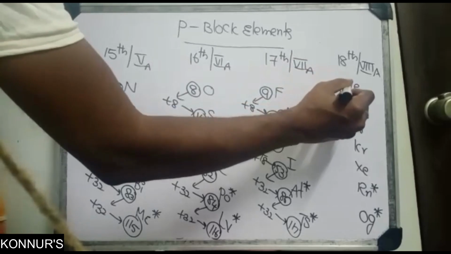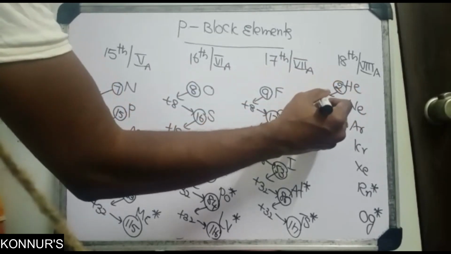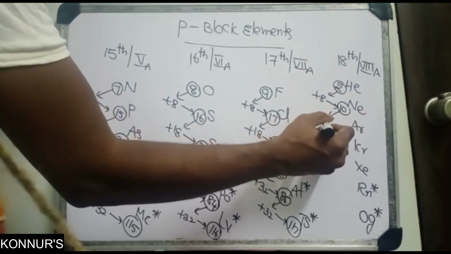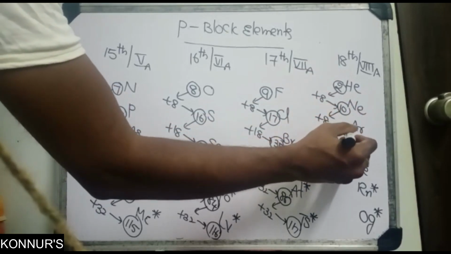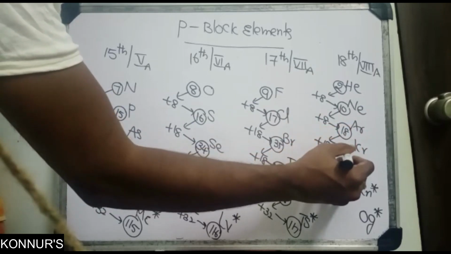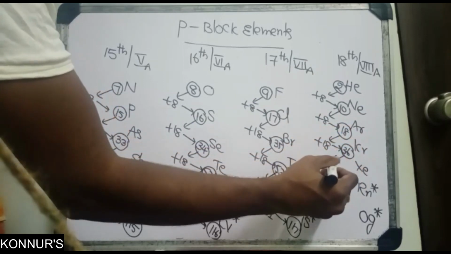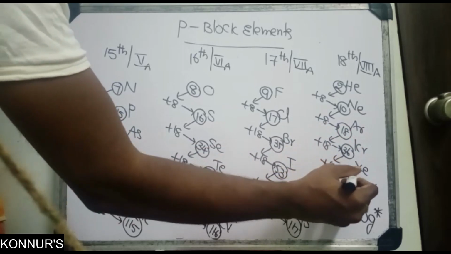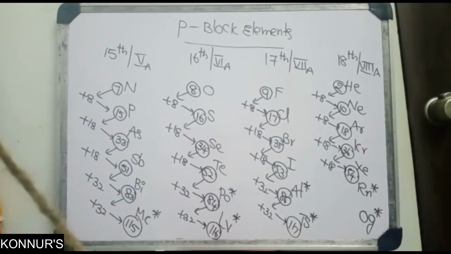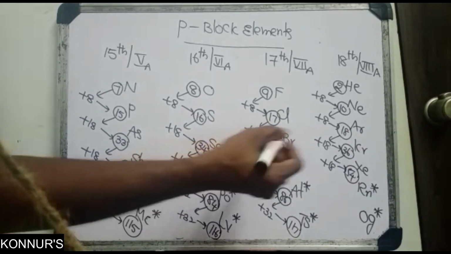Next helium 2, you add 8, so 10. Again 8, so 18. Next 18, 36. Next 18, 54.